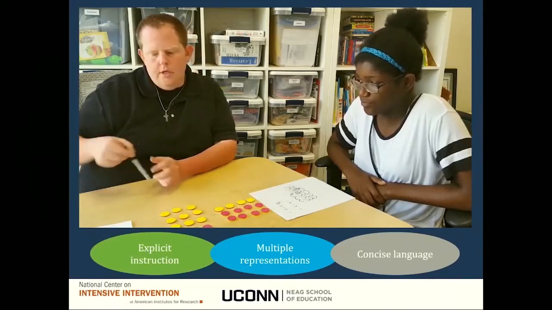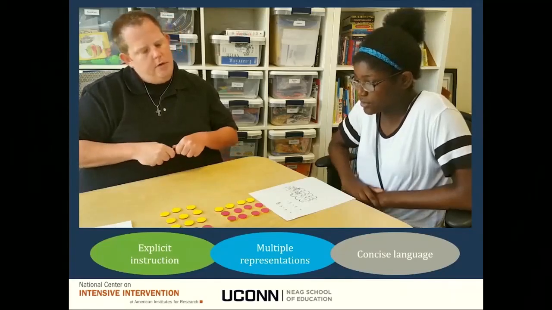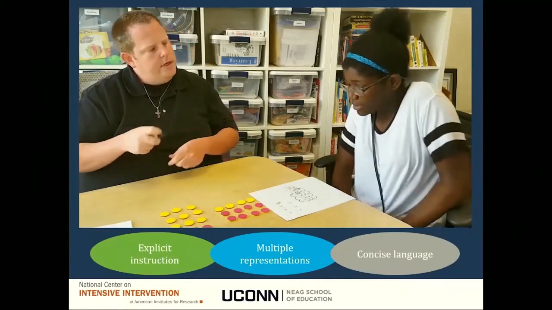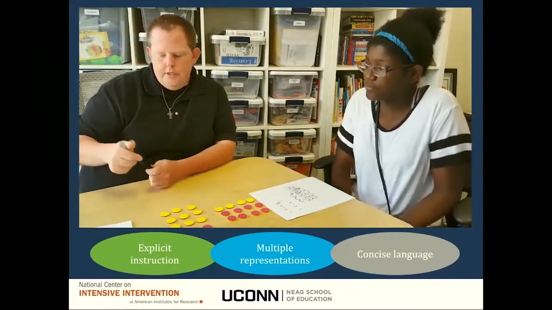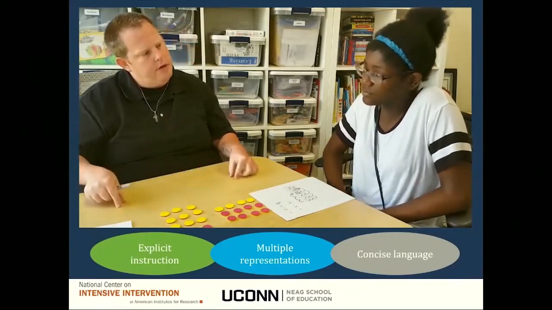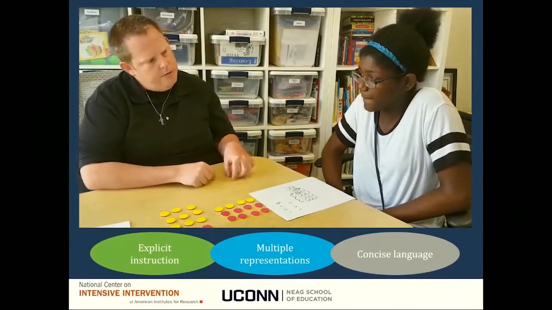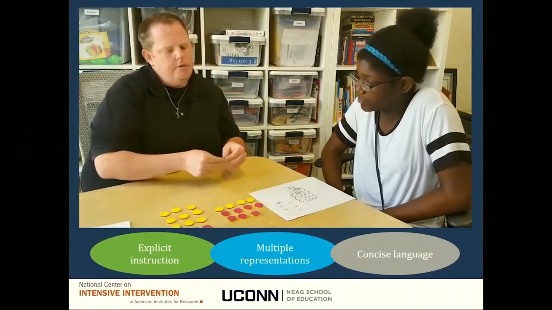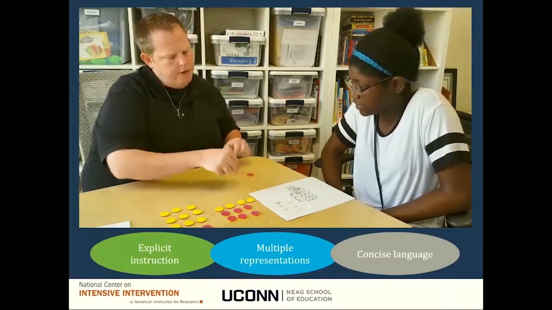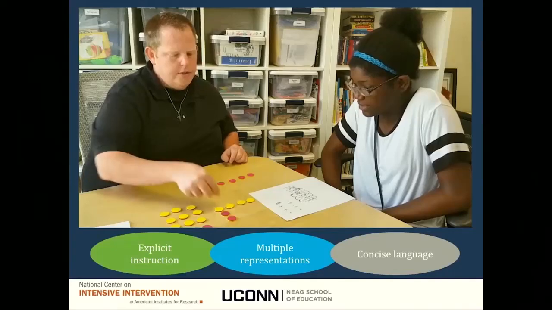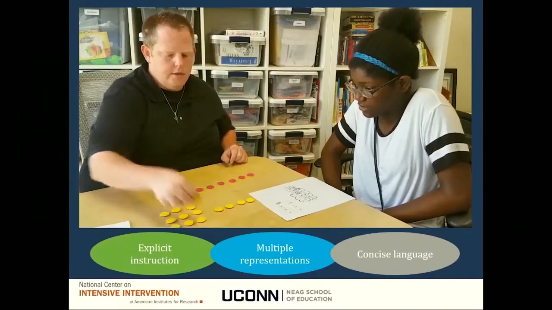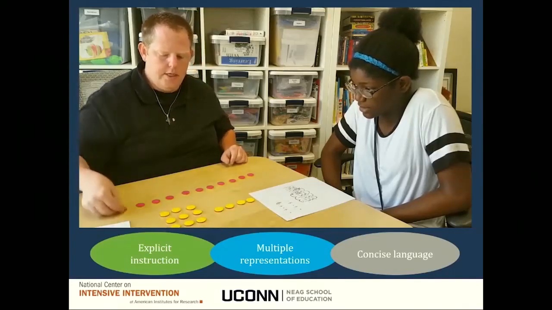Good job. So what is the last thing that we do after we made all those new sets? We combine the fraction sets. Good, so we're going to combine the fraction sets into rows of 12, alright? We're going to start with the red ones and see how far we get. Count with me. 1, 2, 3, 4, 5, 6, 7, 8, 9, 10, 11.